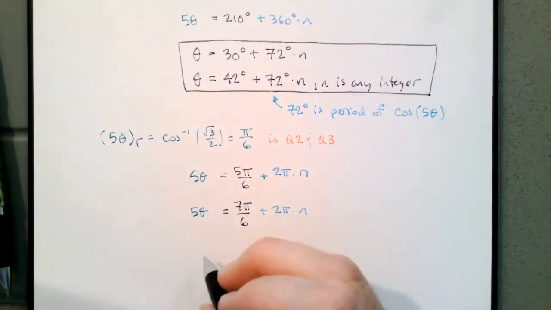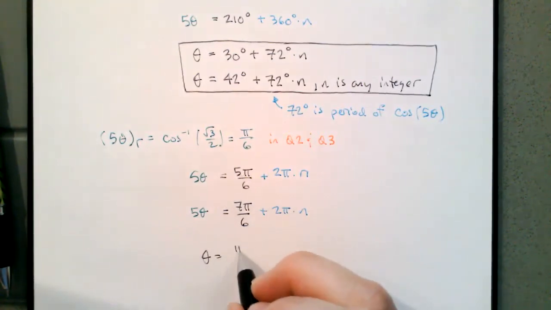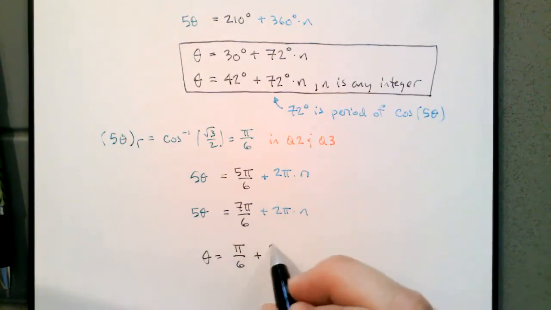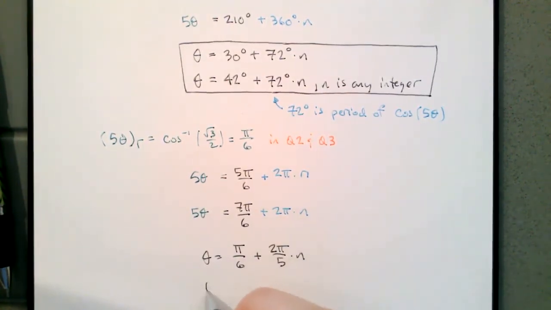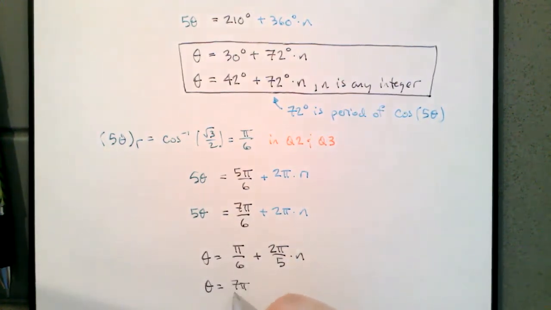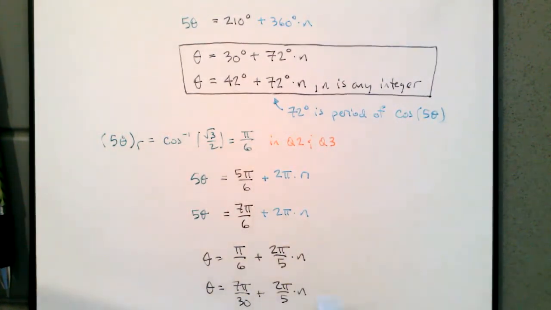So when we divide by 5, 5 pi over 30 is just pi over 6 plus 2 pi over 5 times n. 7 pi over 6, well, I don't have anything that cancels. If I divide 7 pi over 6 by 5, it's just going to be 7 pi over 30 plus 2 pi over 5 times n, where n is any integer.